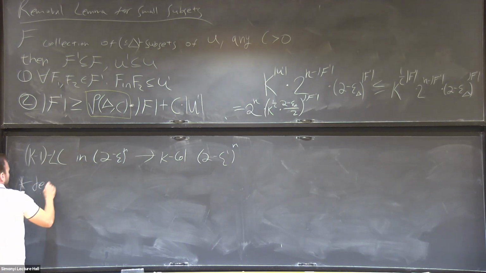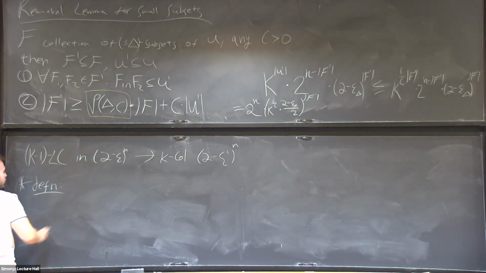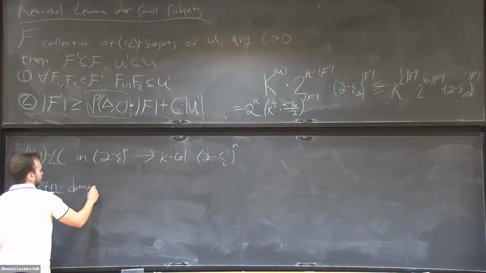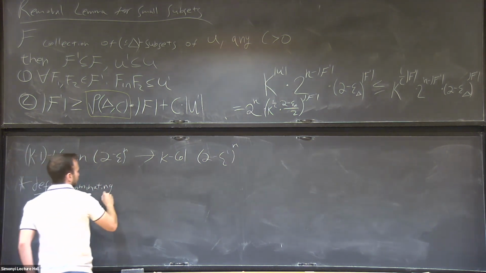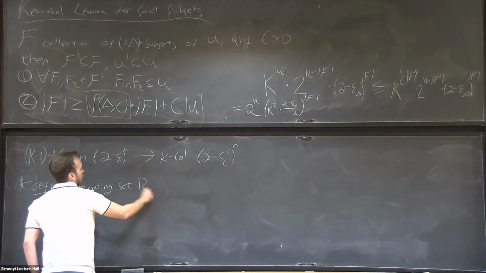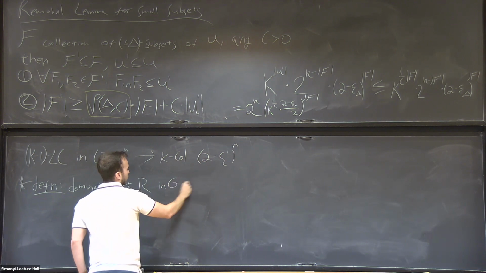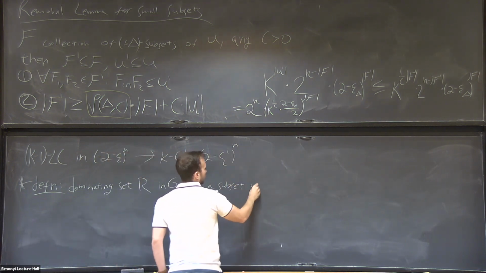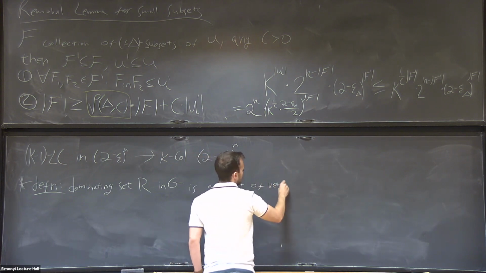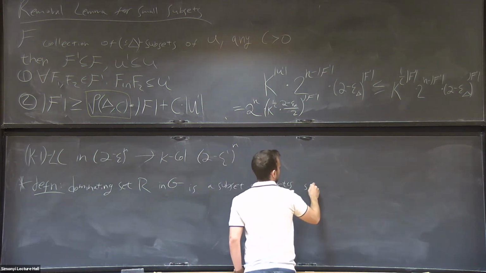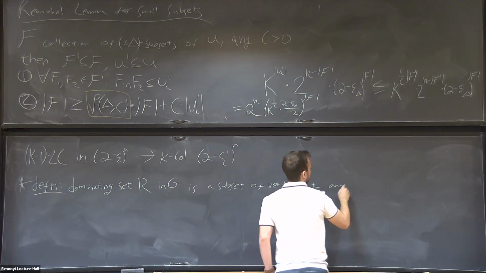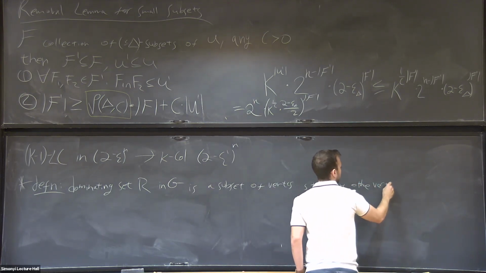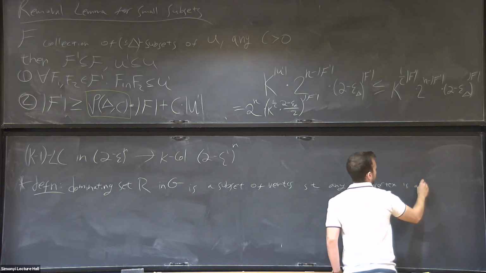So first of all, a definition: a dominating set R in a graph is a subset of vertices such that any other vertex is adjacent to it.